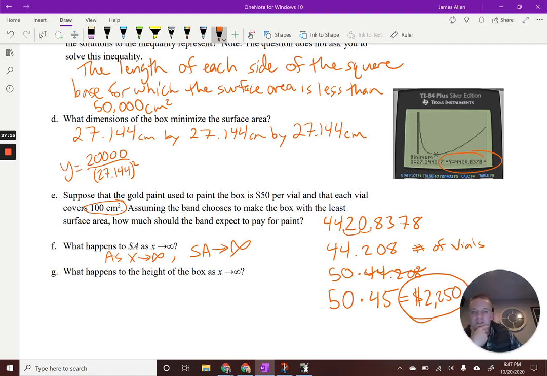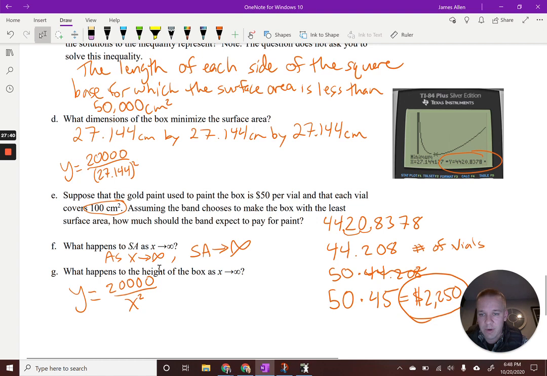And the last one. What happens to the height of the box as x approaches infinity? Well, remember we have that height equation, y equals 20,000 over x squared. So as x gets infinitely large, we have ourselves a horizontal asymptote there of y equals 0, so it's going to be approaching 0, right?